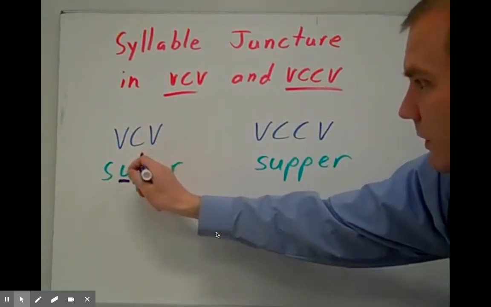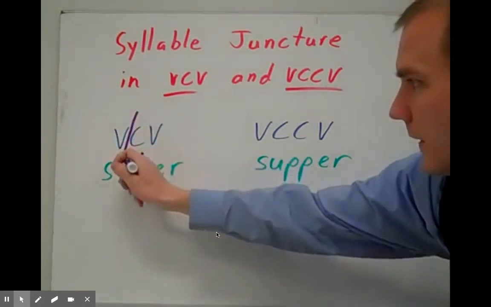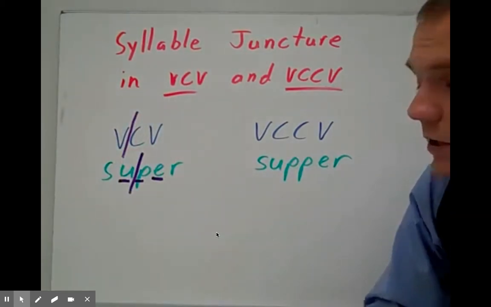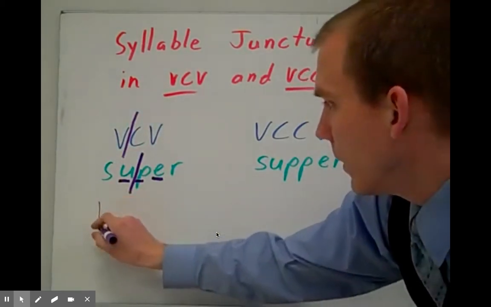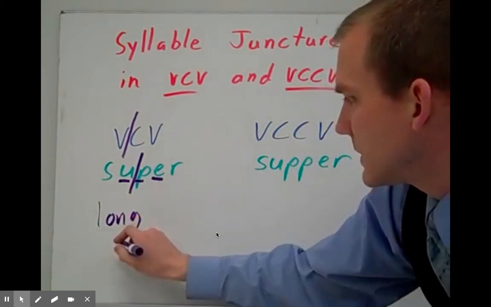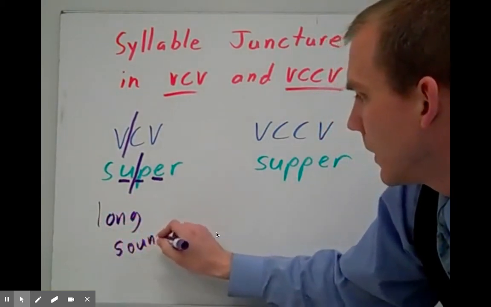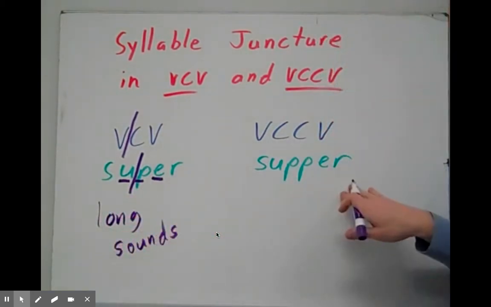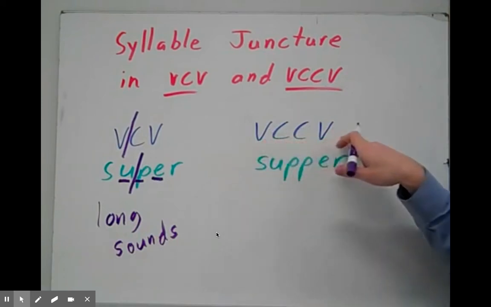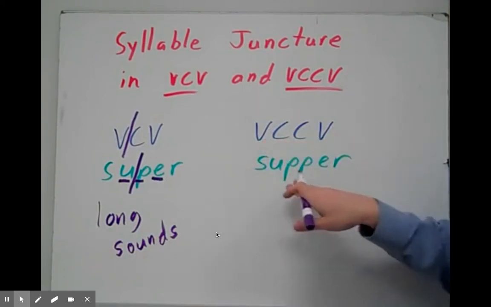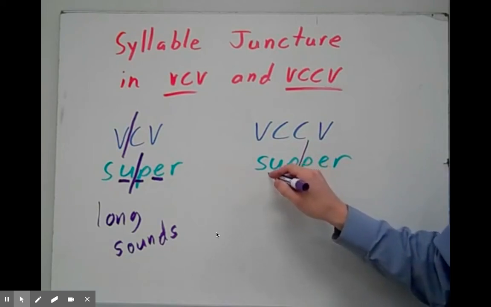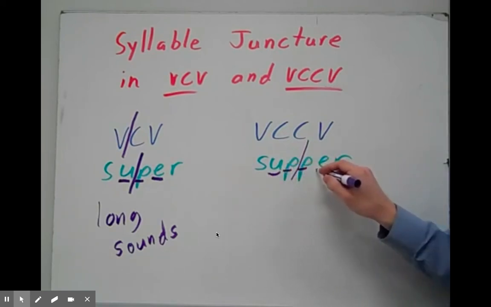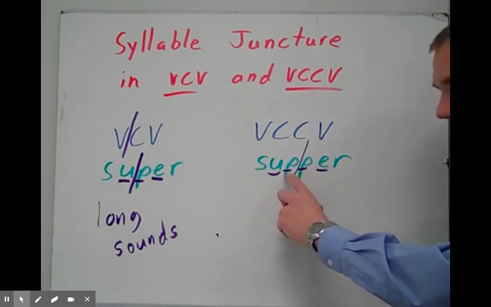So the juncture is right between the vowel and the consonant, and then you hear su. That is a long U, so you're looking at long sounds. And then over here you have vowel, consonant, consonant, and you have supper. In this case, your juncture comes between the two consonants.